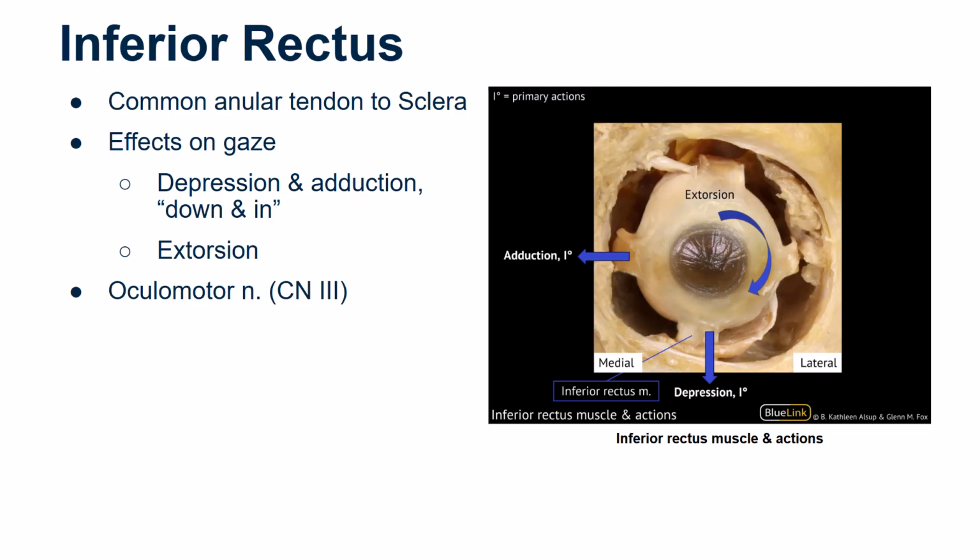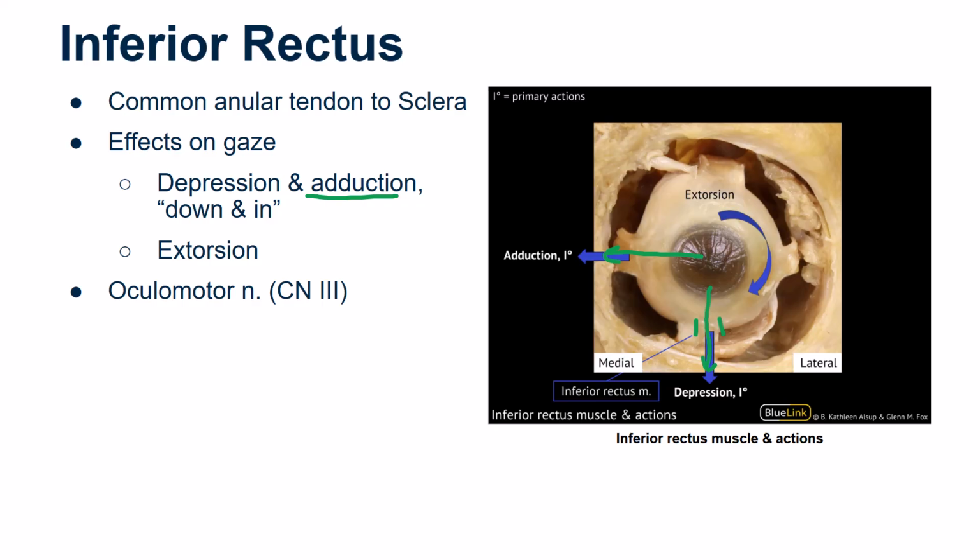Next up, we have the inferior rectus muscle. The inferior rectus muscle, like many of the other rectus muscles, takes its origin from the common annular tendon and inserts on the sclera, which we can see there. Its primary actions include depression and adduction. So keeping in mind that both the superior and inferior rectus muscles are going to adduct the eyes.